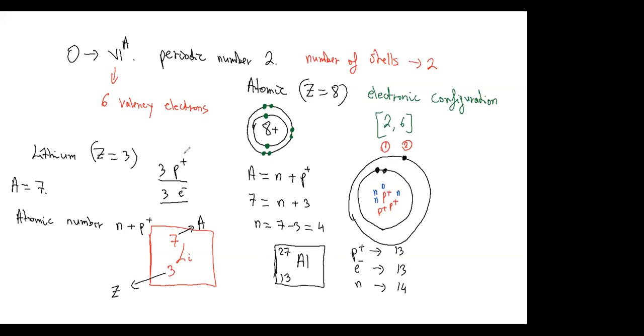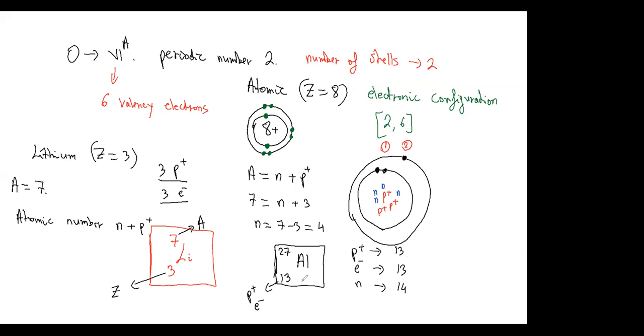Yes, Valeria, I'm going to repeat again how we found the number of electrons, protons, and neutrons. So the number 13 shows the number of protons and the electrons. In each element, the number of protons and electrons is the same. So 13 is for both protons and electrons.